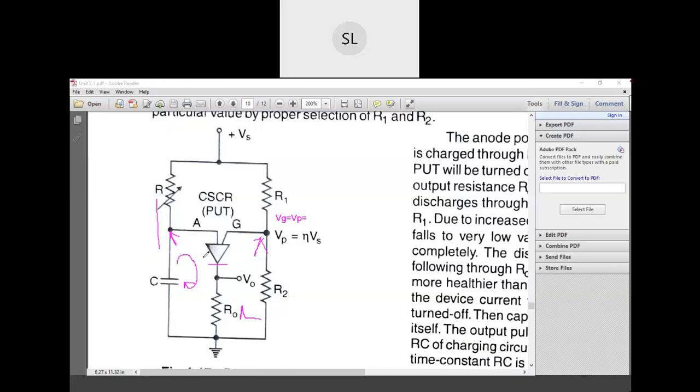The capacitor then discharges through the PUT and R naught, causing a pulse across R naught. This pulse will be applied as the triggering signal, the gate signal, to turn on the SCR.